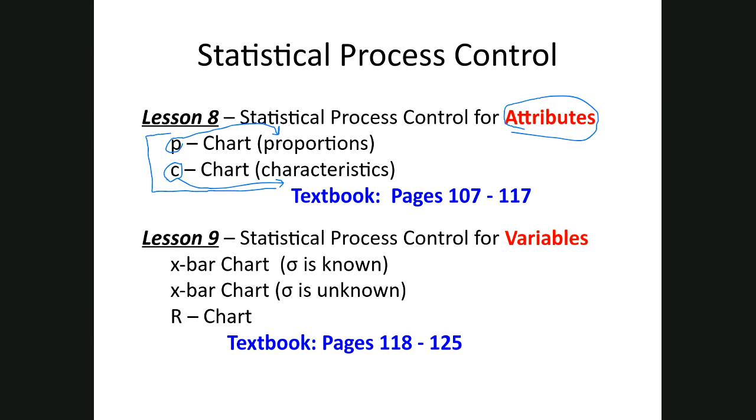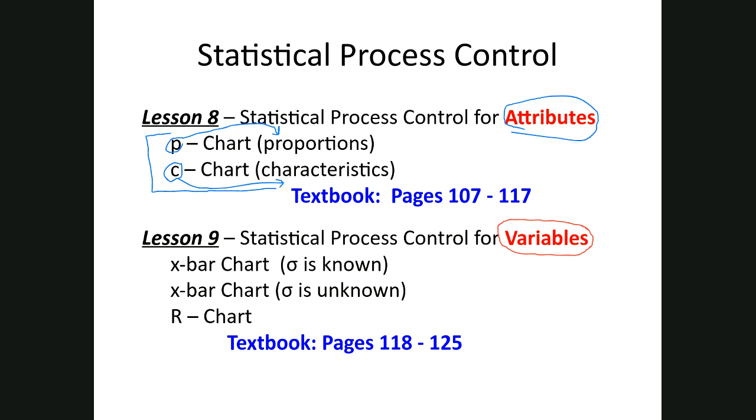In lesson 9, we're going to look at statistical process control for variables. And variables are more closely related, if you will, to continuous random variables.